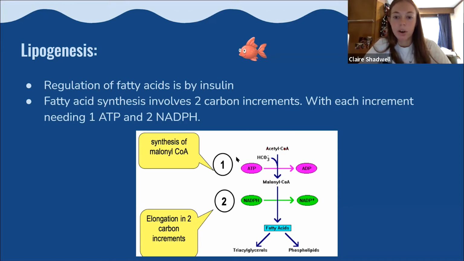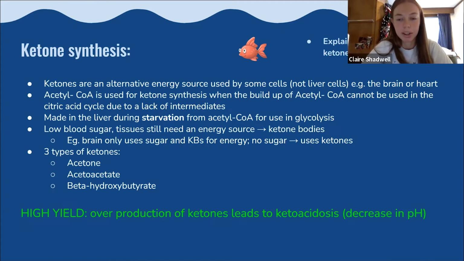When acetyl-CoA binds with a bicarbonate ion, it uses 1 ATP, and this is the committed step. Once this has occurred, the whole reaction is essentially occurring. And then malonyl-CoA is converted to the fatty acids by the use of an NADPH, which converts it to NADP plus, sorry.